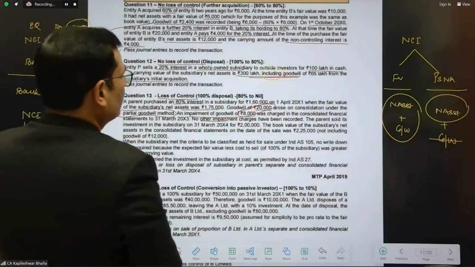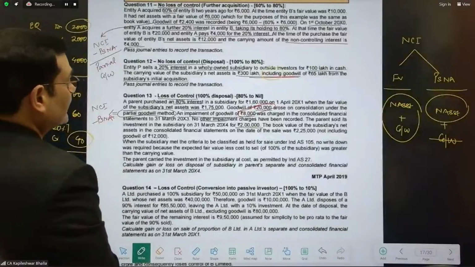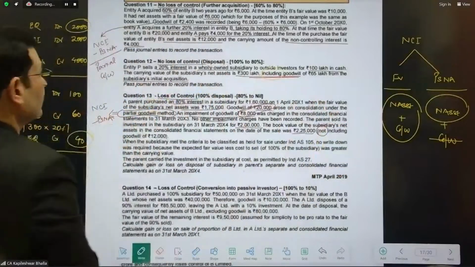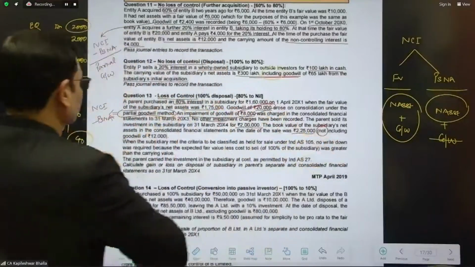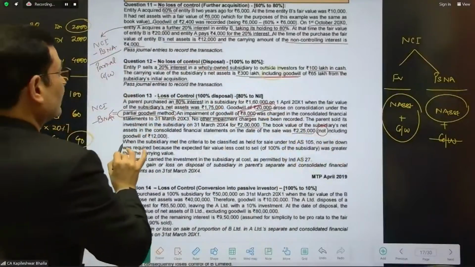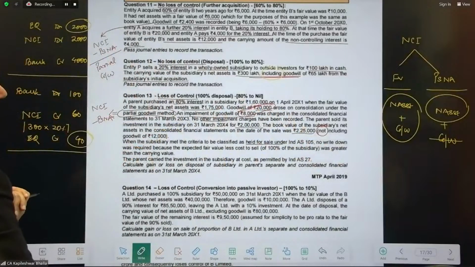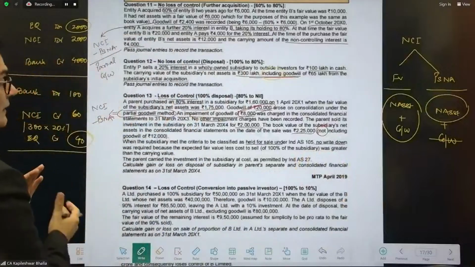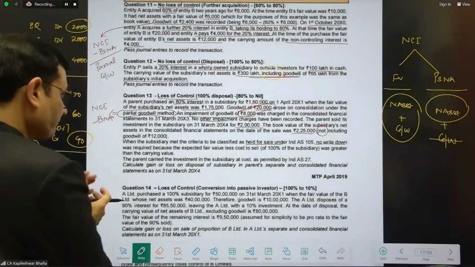The parent sold the investment for 2 lakhs, and the book value of the net assets on the consolidation date is given, not including the goodwill. So I am given the net assets excluding the goodwill of 12. When the subsidiary met the criteria to be classified as held for sale under Ind AS 105, no write-down was done because the expected fair value less cost to sell is greater than the book value.